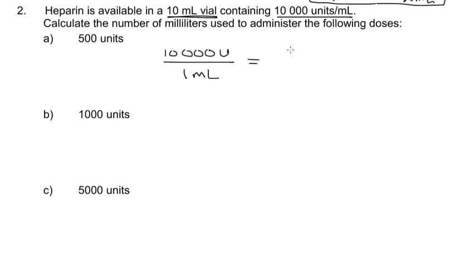We're only giving 500. So 500 units in x milliliters. So 10,000 is to 1 as 500 is to what? If we cross multiply this, 1 times 500 is 500, divided by 10,000 gives 0.05 milliliters.